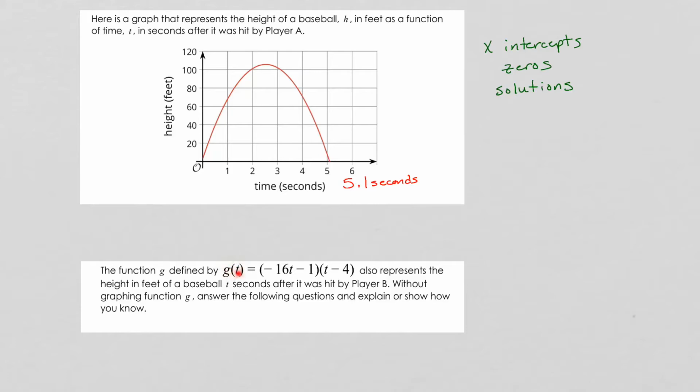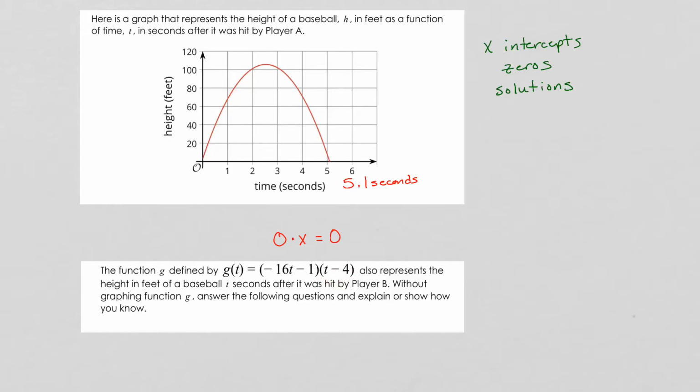So we need to make this equation equal to 0 to figure out what time this player's baseball hit the ground. We know that 0 times any number is 0, right? So to figure out what value of t makes this equal to 0, we have to make this equal to 0 or this equal to 0, one or the other.